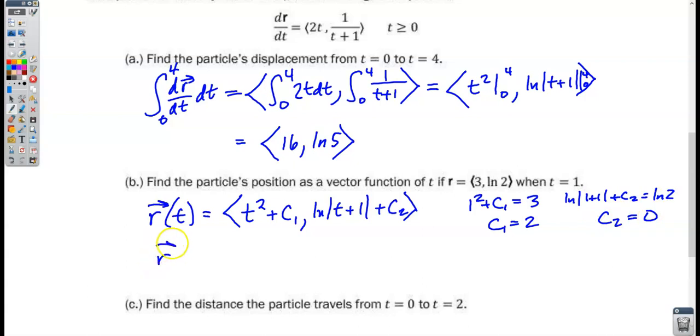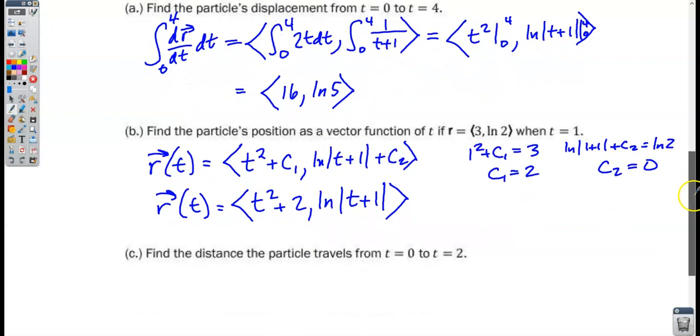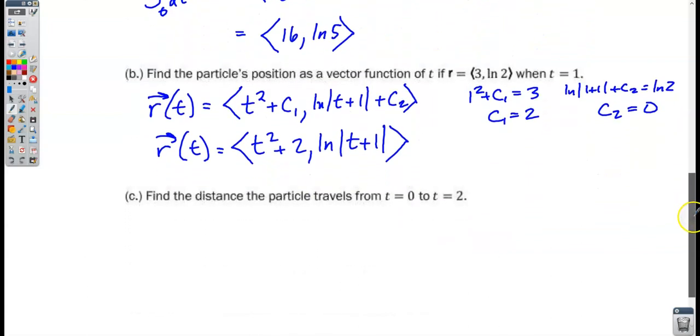And so my vector function is going to be <t squared plus 2, natural log of the absolute value of t plus 1>. All right. And then I could use that to find the position of the particle anywhere that I wanted to, like time 5, for instance.